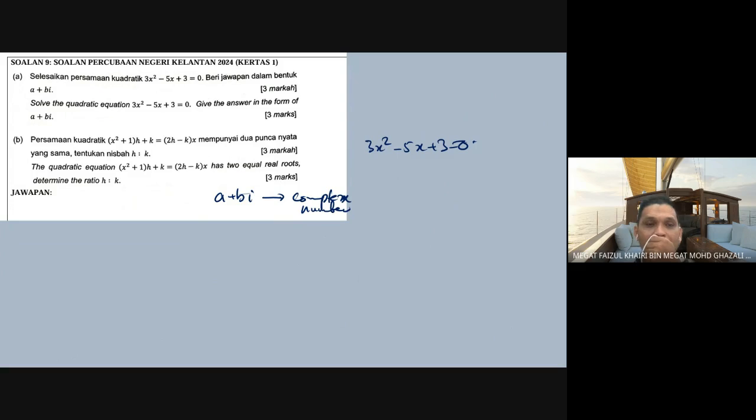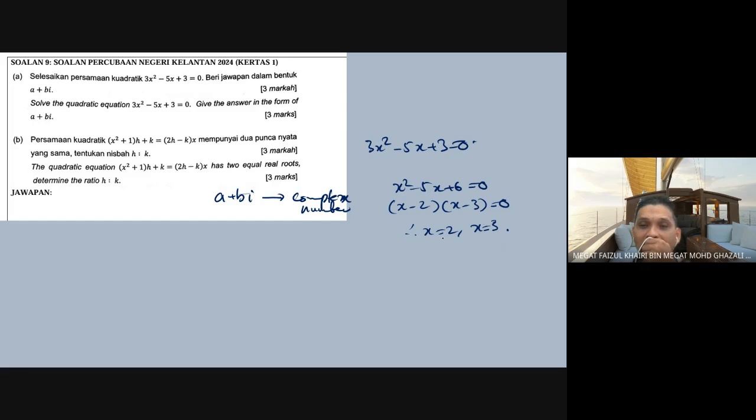Okay, complex number. This quadratic equation is different from x squared minus 5x plus 6, because we can factorize that smoothly: x minus 2 and x minus 3. Then x equal to 2 and x equal to 3.